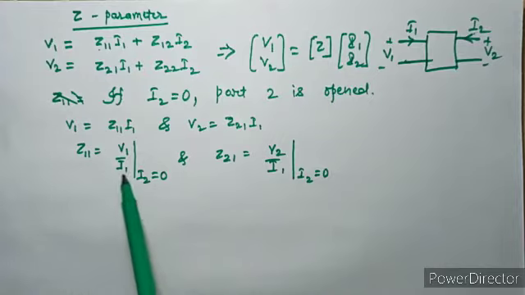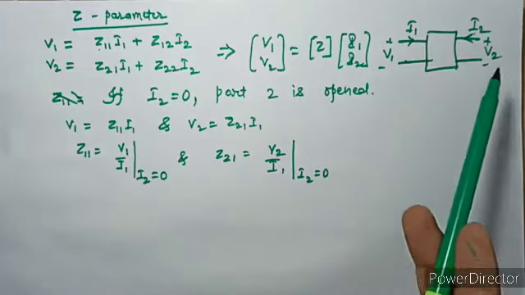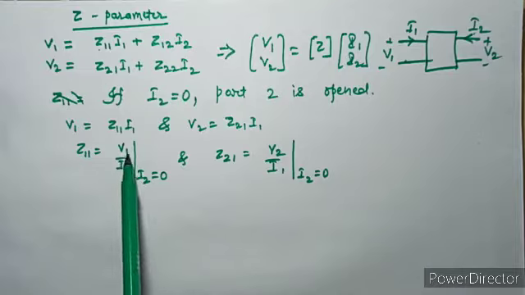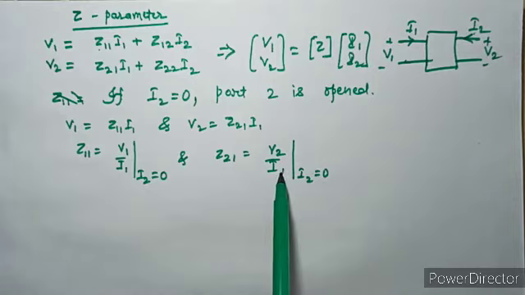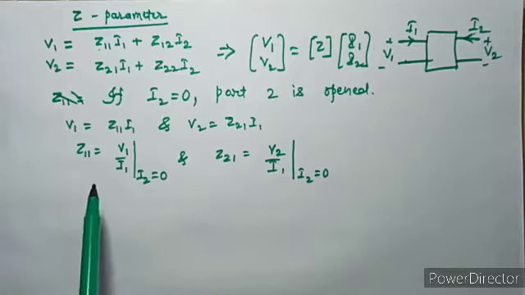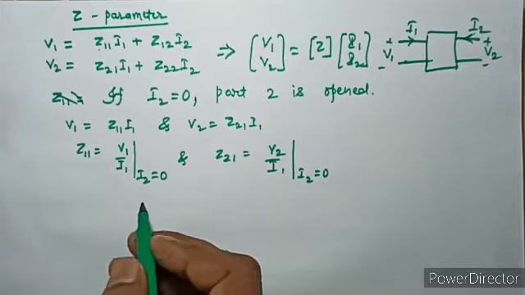Because we have calculated these parameters by open circuiting the other port or the output port. And this V1 by I1 is nothing but the impedance, V2 by I2, that is the V by I ratio. So this is nothing but the impedance. So this will be called open circuit impedance parameters, right?